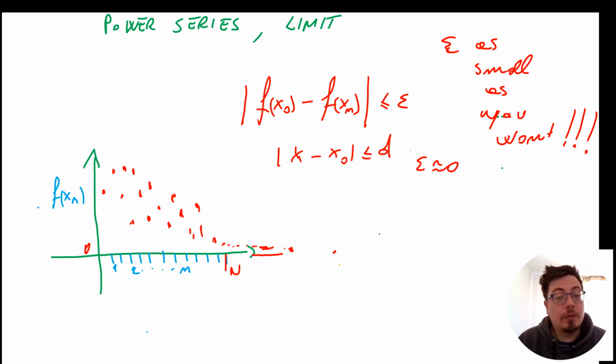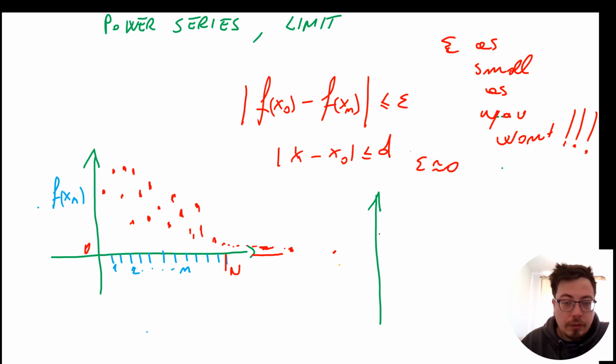There are some functions that do not have limits, for which this doesn't happen. For example, a not super easy example, because I don't want to go limit to infinity, like x squared.